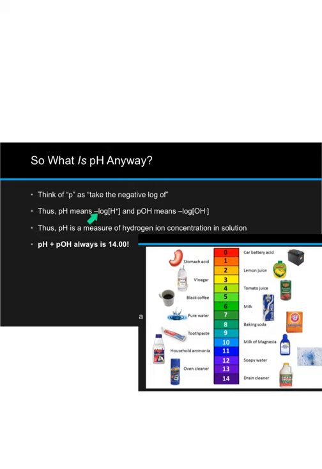Put a negative sign in front of a big number, and we've got a number very close to or less than 0. Certainly less than 7. So, what we say is that as the H plus concentration gets high, our pH gets low.